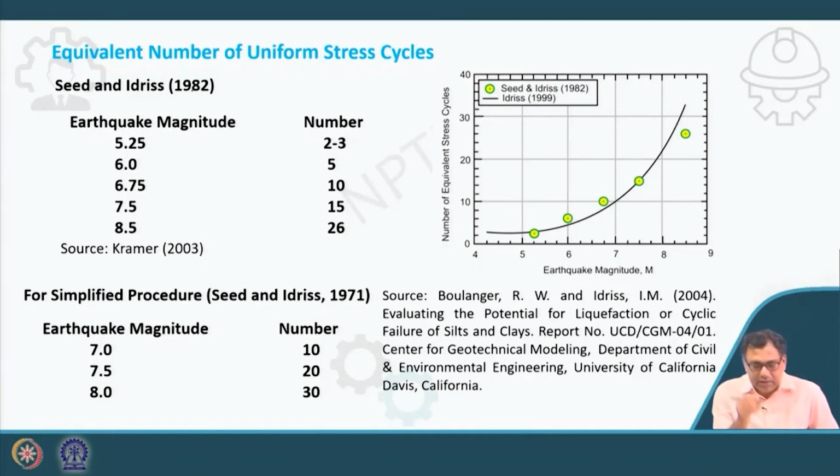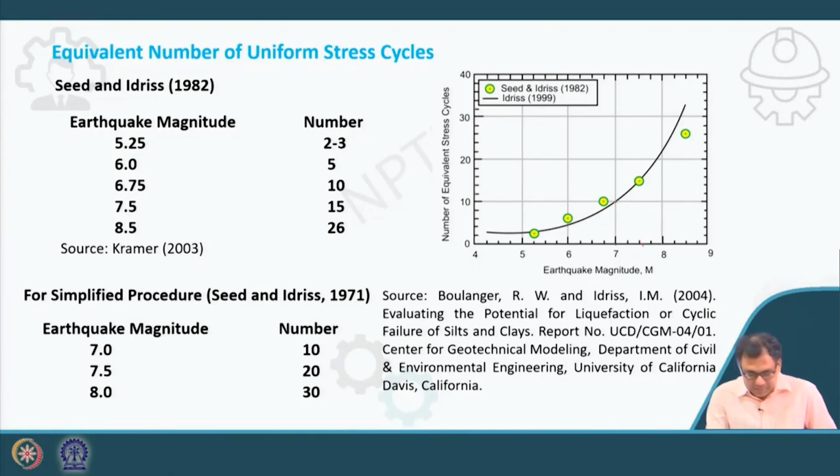Now in 1982 these values were given, where you can see that for 7.5 it was recommended as 20, but later it was revised, and for 7.5 it is 15. Then in 1999 Idris also proposed this, where for 7.5 it is still 15.